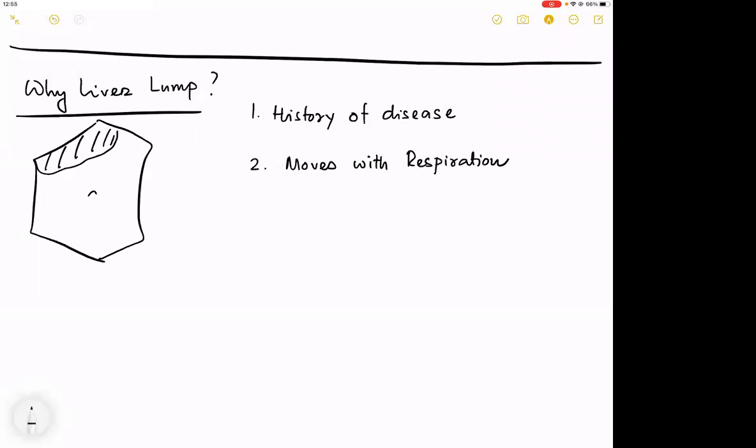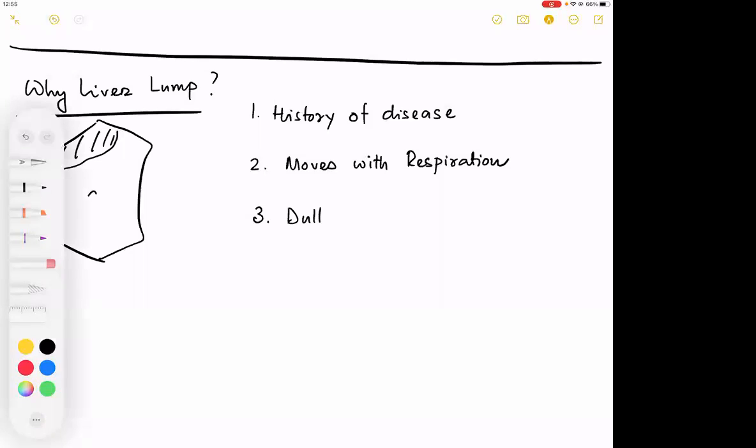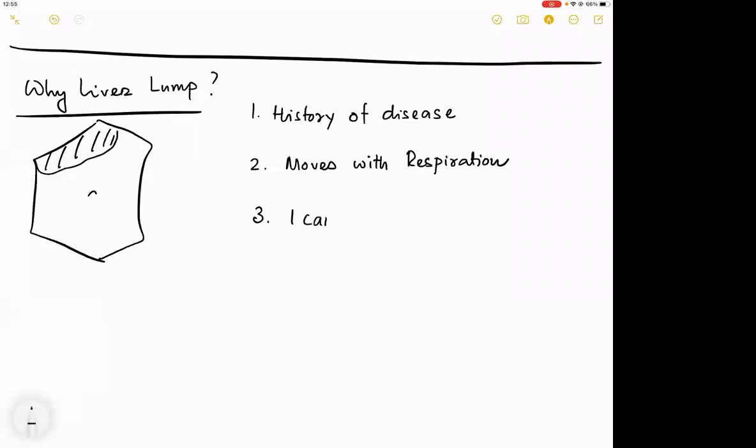Number 3, I cannot insinuate my hands between the rib cage and the lump.